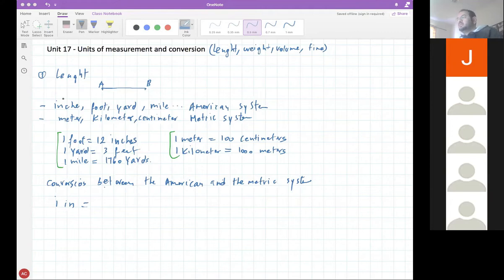Let me give you the exact decimal, so you can get an idea. 2.54, that's right. So when you say 1 inch and someone said something in centimeters and you're not sure what it is, you say each inch has 2.54 centimeters.